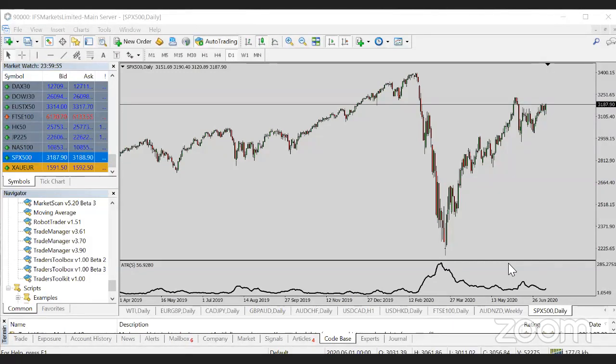And what I found was that every time the S&P crashes down, as soon as volatility drops, the S&P buys up again. So if you're watching the S&P crash, volatility lifts, and as soon as you see the volatility start to drop again, the S&P rallies. I thought it was interesting.